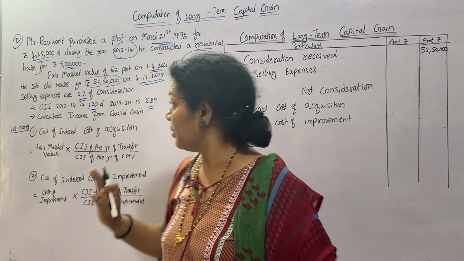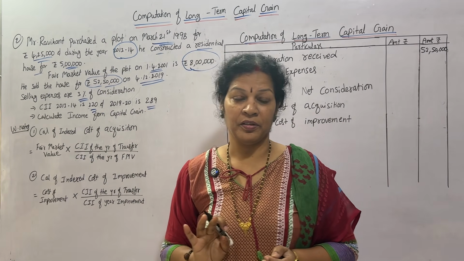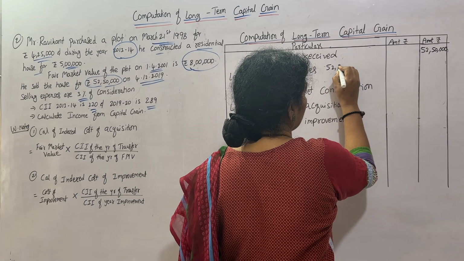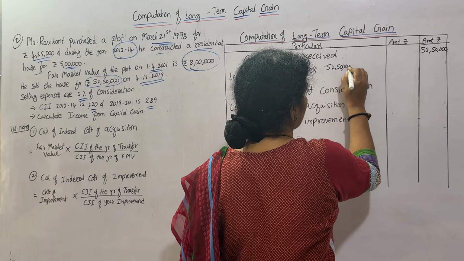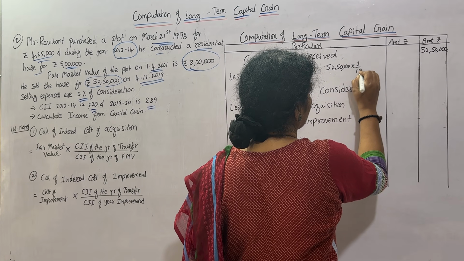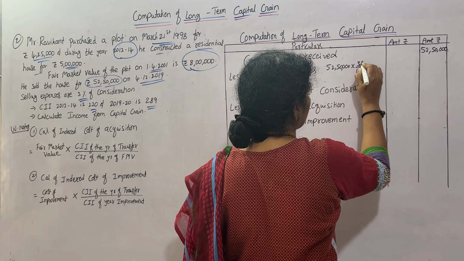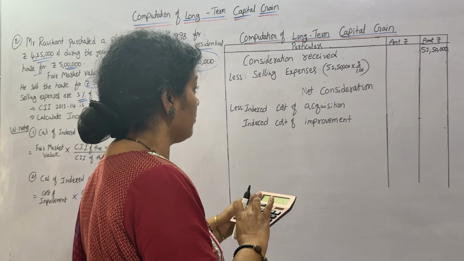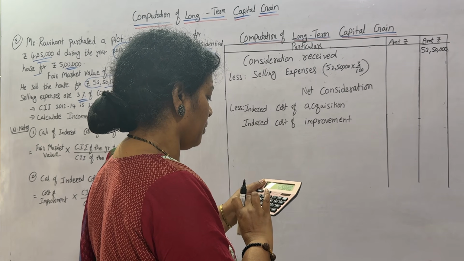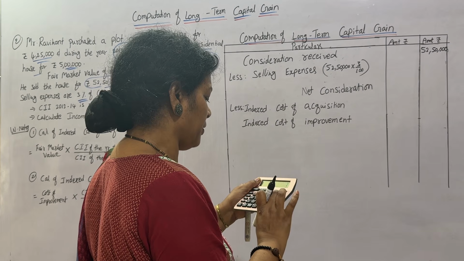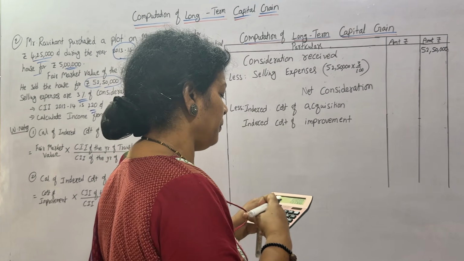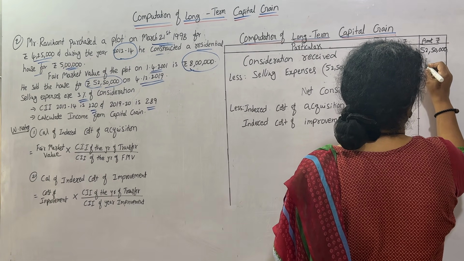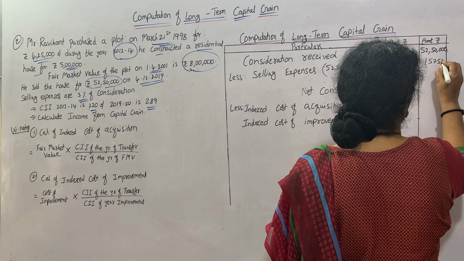Selling expenses are 3%. Minus selling expenses: 52,50,000 into 3%. How much does it come to? It comes to 1,57,500.